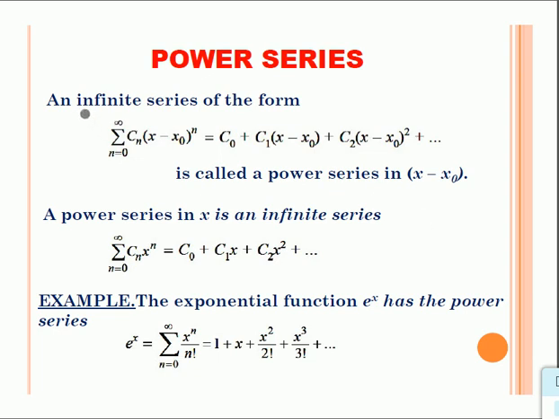Series can be finite or infinite. It is something like C0 plus C1 (x minus x0) plus C2 (x minus x0) whole square and so on, where C0 is a constant. This is called a power series in x minus x0.